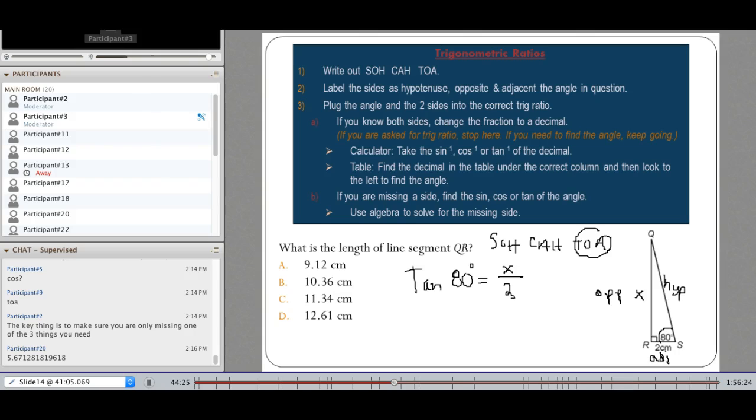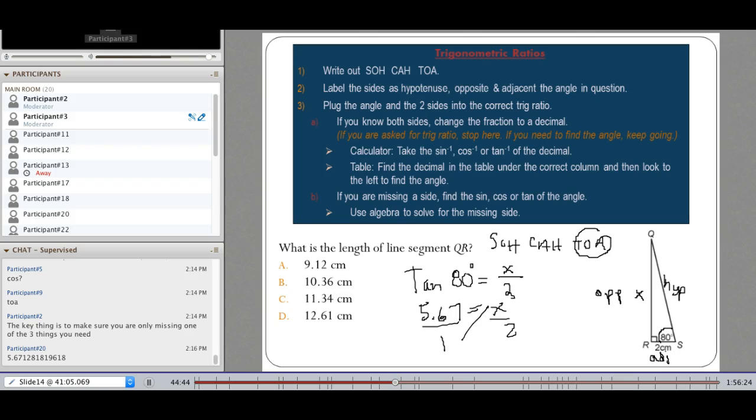Good. Laurel put 5.6712818, and so on. We'll round it to the hundredths place, so 5.67. So we have 5.67 equals x over 2.